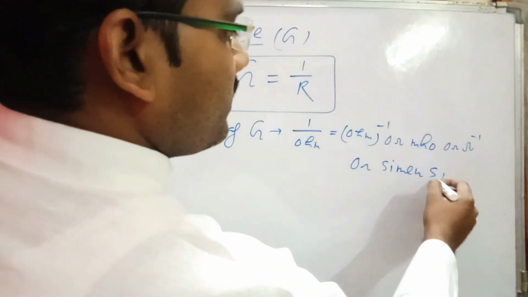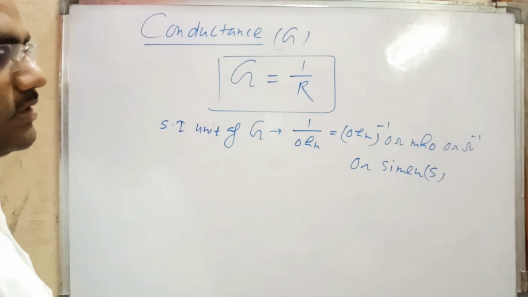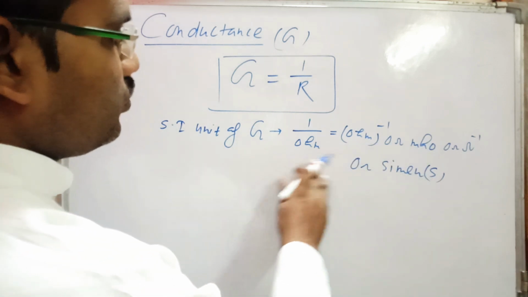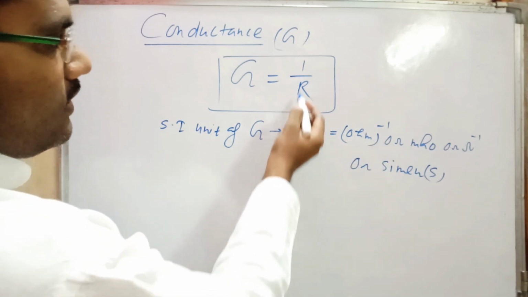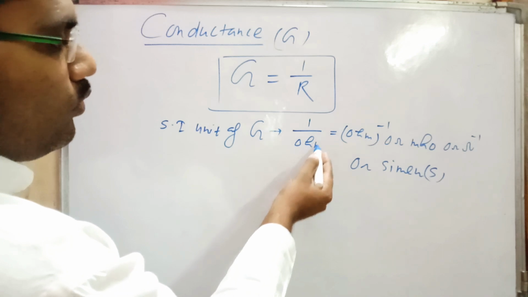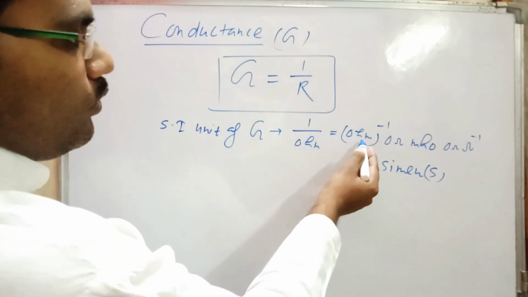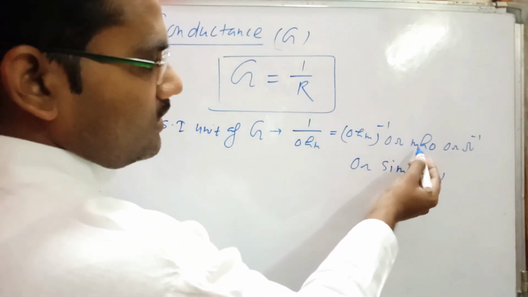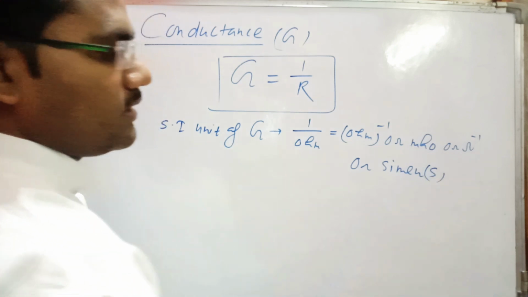It is denoted by capital S. These are the units of conductance of any conductor. Conductance is 1 upon R, that means the unit is 1 upon ohm. Ohm is the unit of resistance. Inverse of ohm, ohm inverse, is written as Mho. It is also known as Siemens.